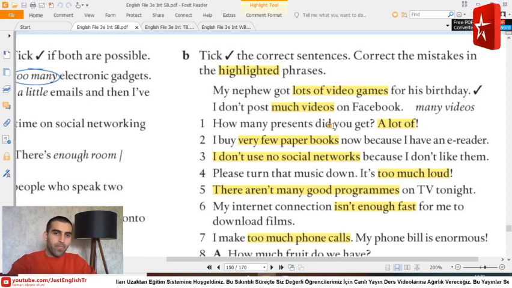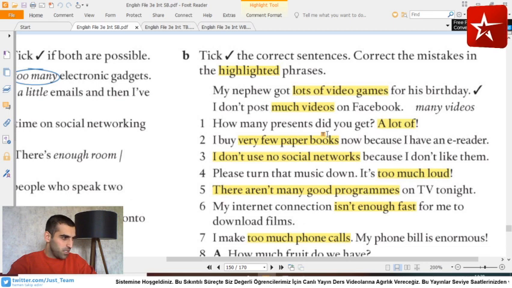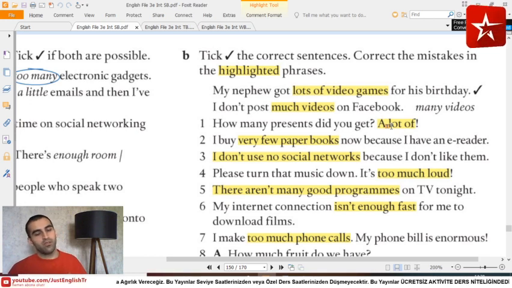For number 1, your answers, unfortunately, it is false. Yes, Elif Yaren Küçük says it is false. Yes, it is false. Why? Because we use a lot at the end of the sentence and in the short answers. But after a lot of, guys, we must use a noun.